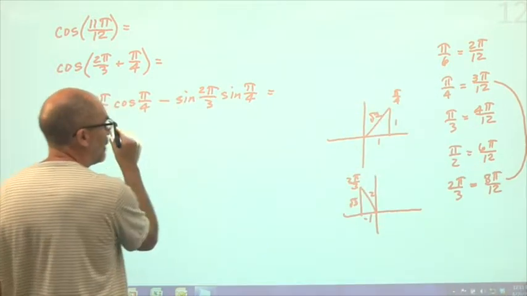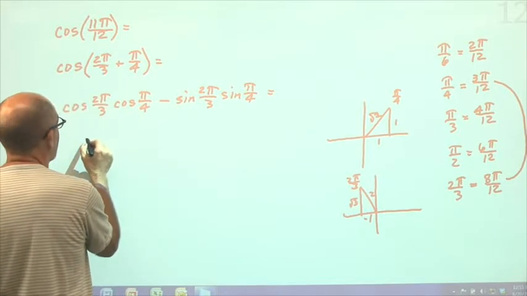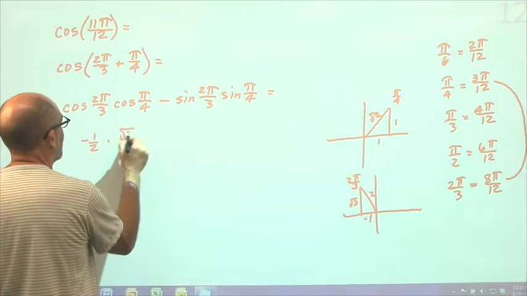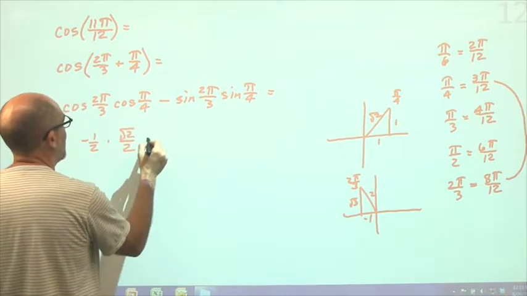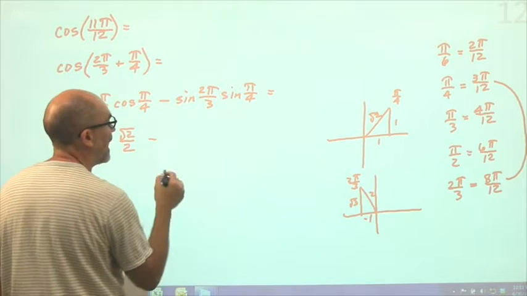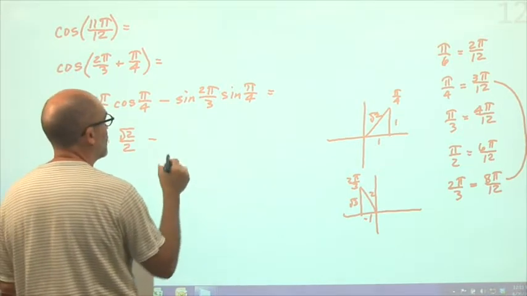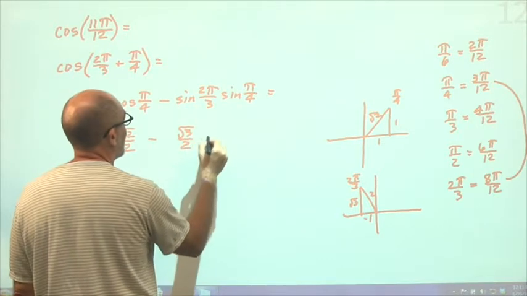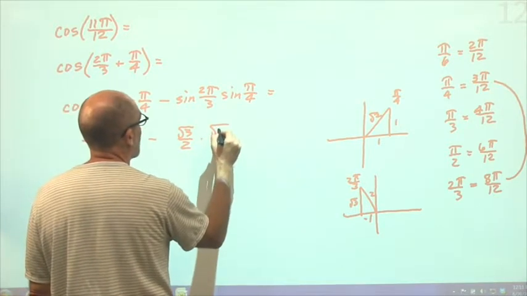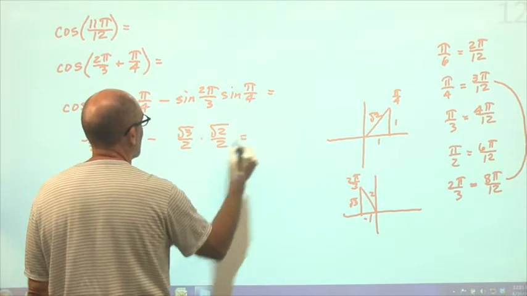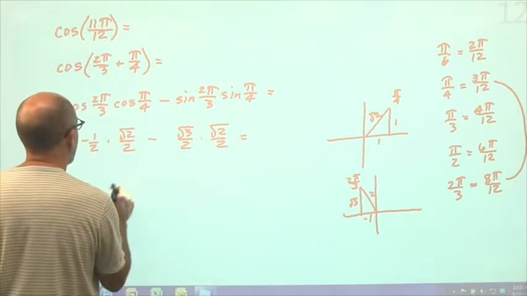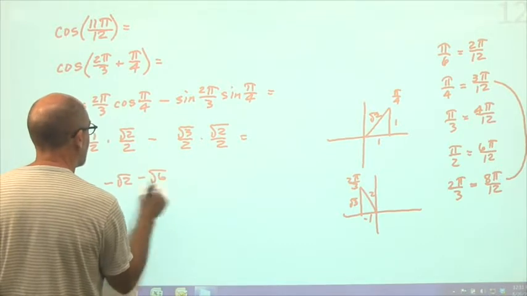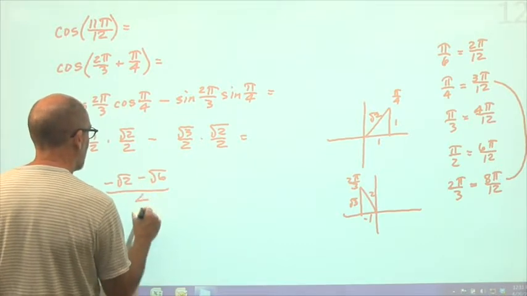Cosine 2 pi over 3, negative 1/2, times cosine pi over 4, square root 2 over 2, minus sine 2 pi over 3, which is positive square root 3 over 2, times sine pi over 4, which is square root 2 over 2. So this is going to equal negative square root 2 minus square root 6, all over 4.